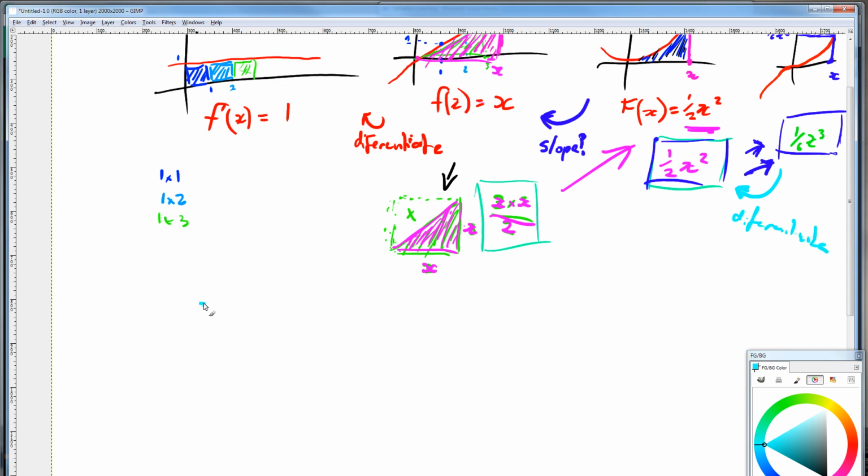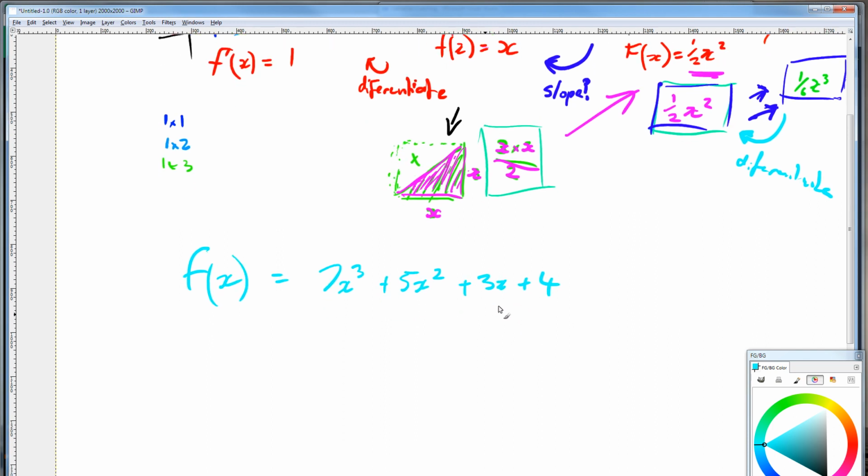So if we have a function like f of x equals 7x^3 plus 5x^2 plus 3x plus 4, and we want to differentiate that, we're going to get f dash of x.